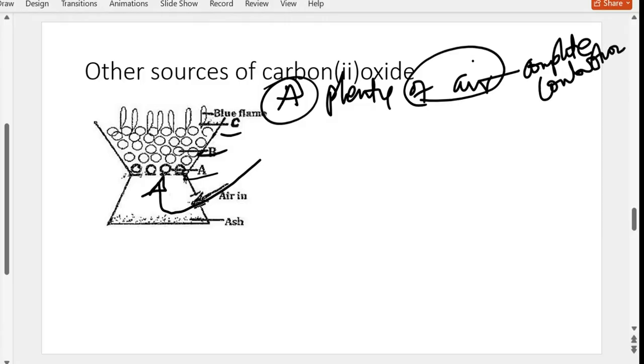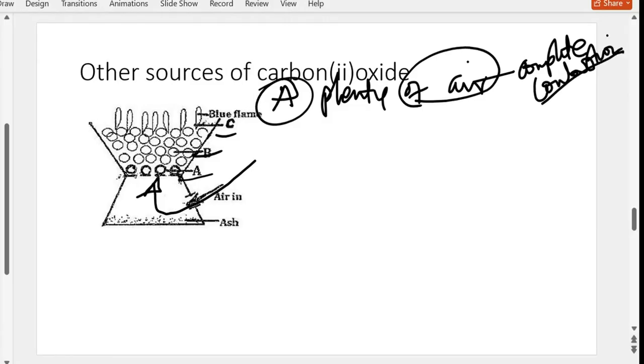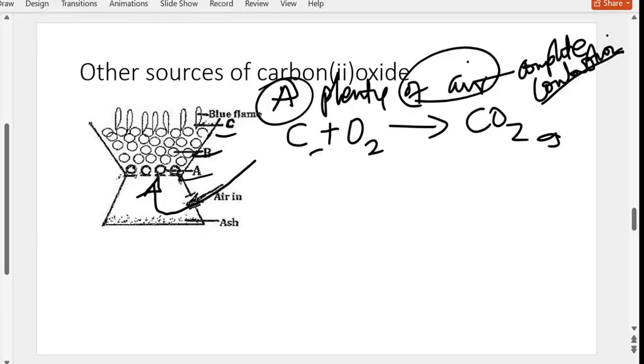Plenty of air, complete combustion. And therefore, since we are dealing with carbon or charcoal, it means carbon burns in sufficient oxygen in that case, giving us CO2, which is a gas. We go to region B.